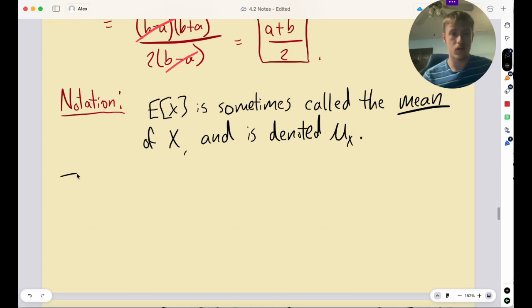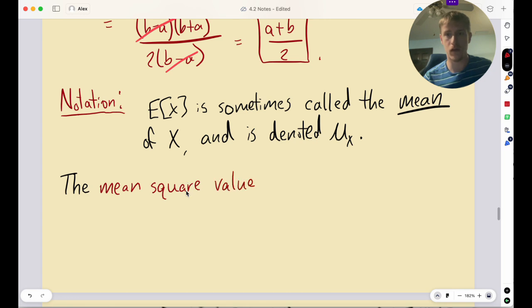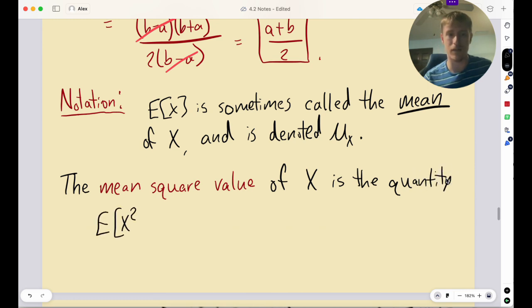We're also going to define something called the mean square value of the random variable x, and that is the quantity that is the expected value of x squared.